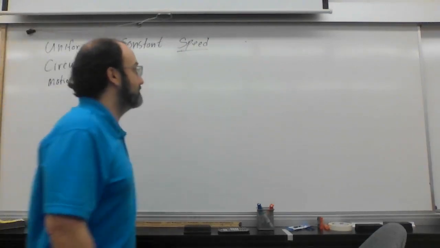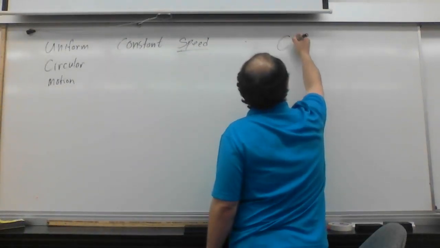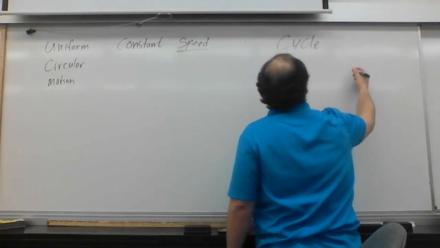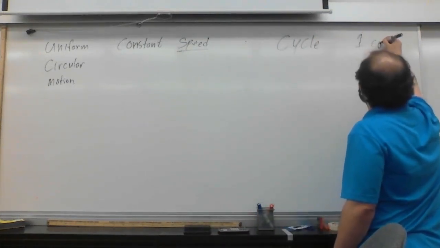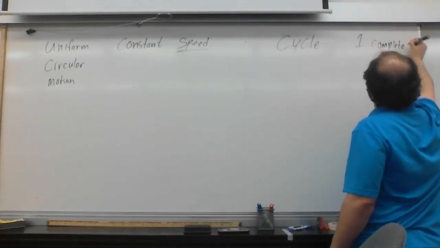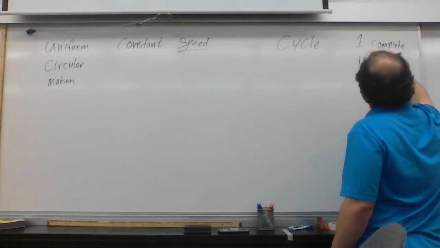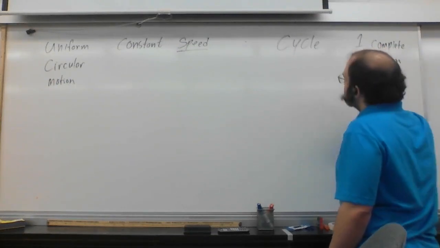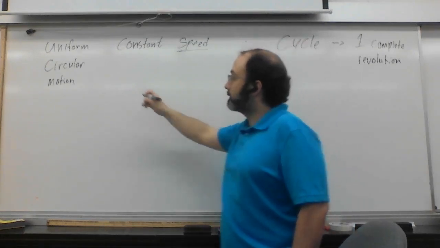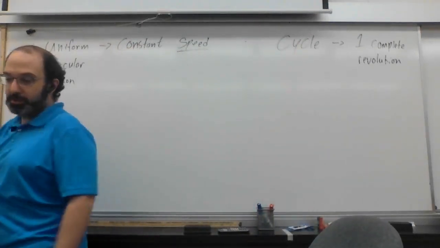The other thing that we have to understand when it comes to circular motion is the idea of a cycle. A cycle is one complete revolution. So, what do I mean by one complete revolution?